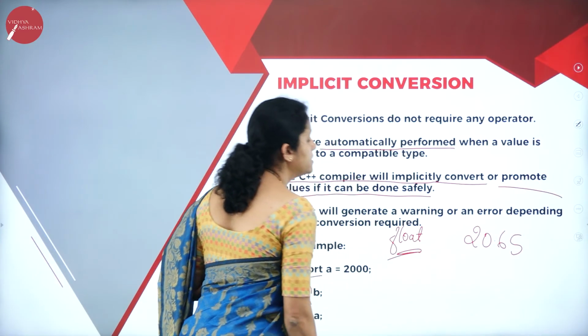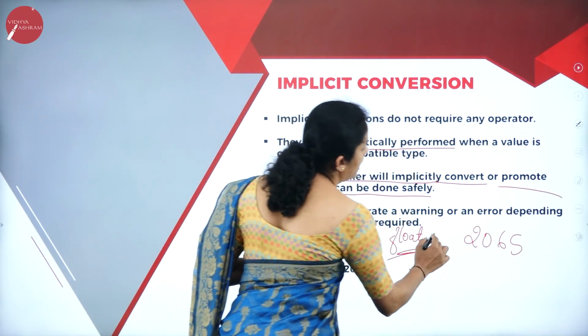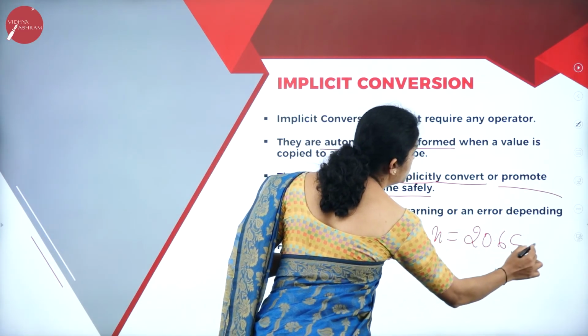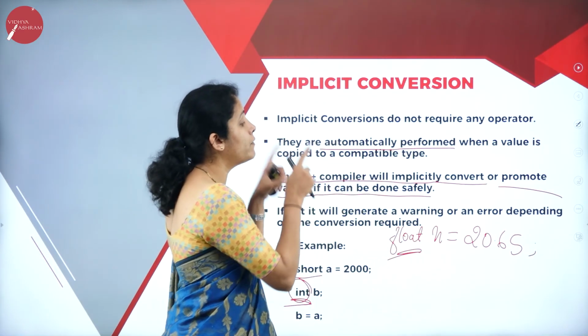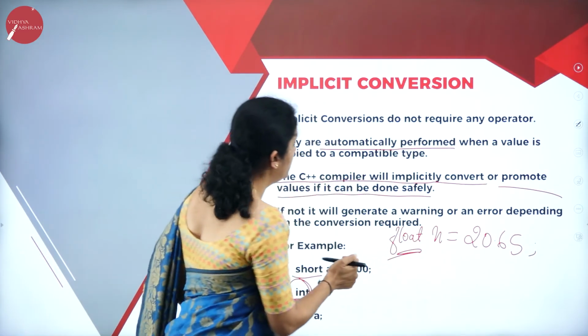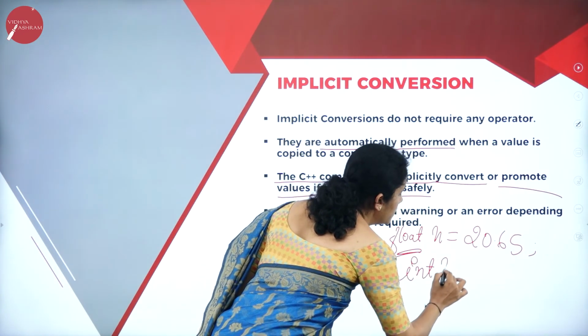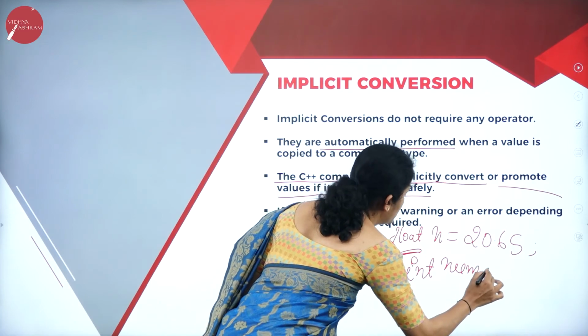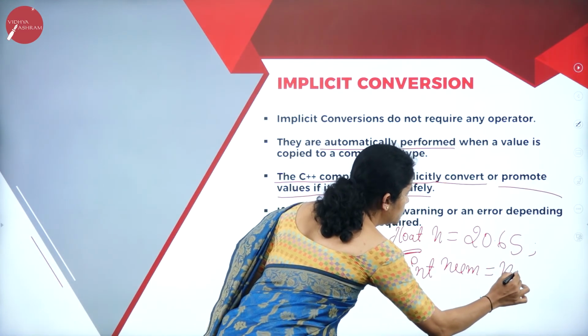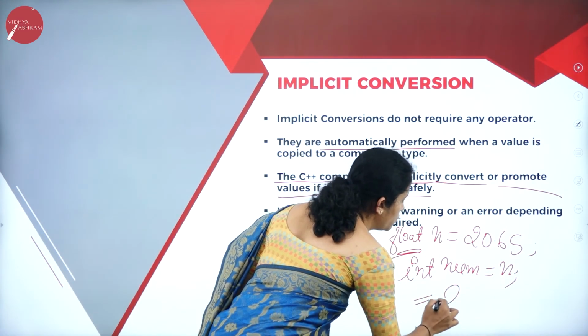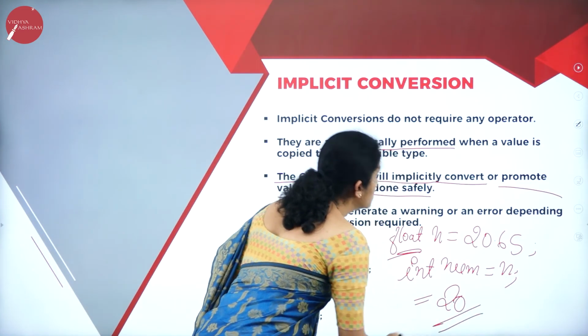Here float is your data type and n equals this value. Now, I want to convert this into integer. So, how can I? That is int number equal to n. So what is the value I'm going to get? I'm going to get the value 20.